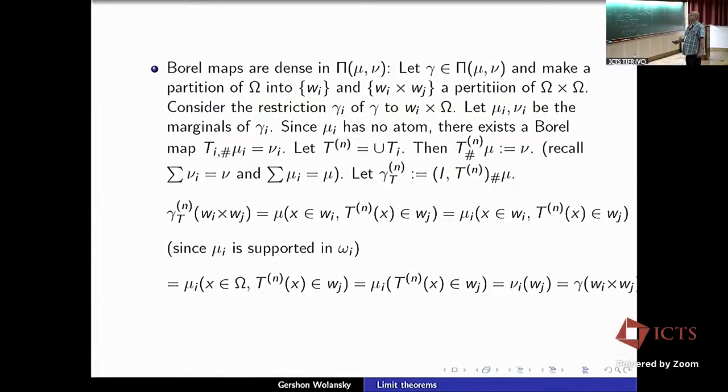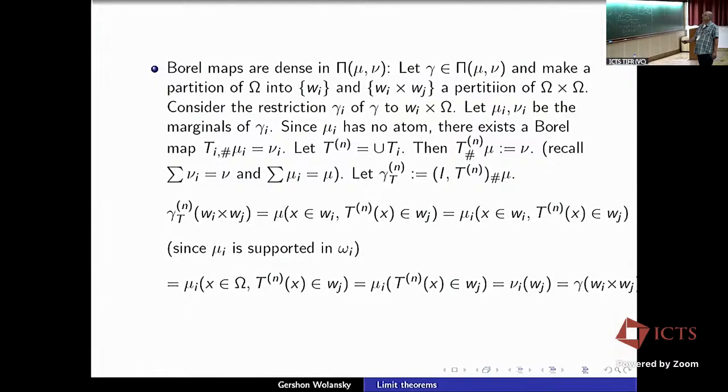And then we see that the measure gamma n as we defined it is actually equal to gamma on Wi times Wj, because by definition, gamma n is just the measure of mu at x in Wi, but Tn in Wj.